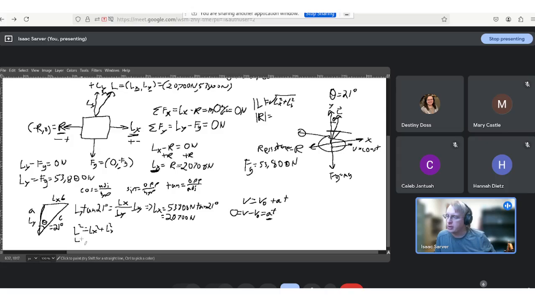So L is equal to all this up here. Let me evaluate that: the square root of 20,700 squared plus 53,800 squared.